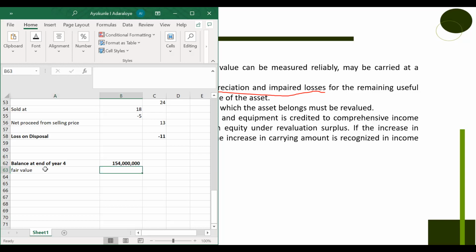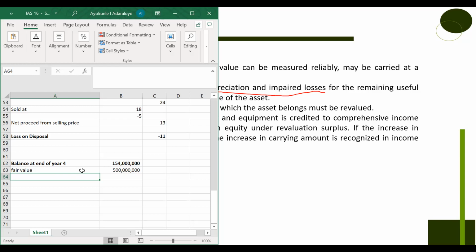Let's say it is now 500,000. It's also possible that even at this 500,000, it is still 1 year that the asset can stay, right? But it's also possible that we now looked at it again and said this asset still has 4 more years to go.